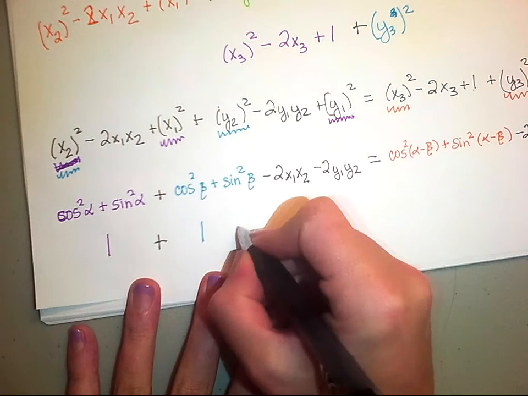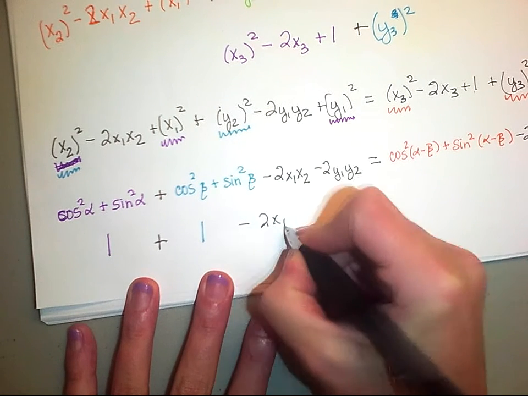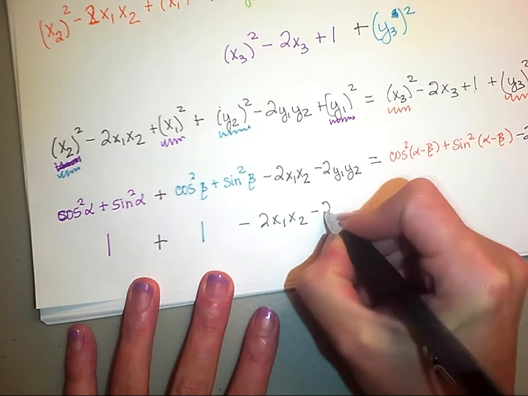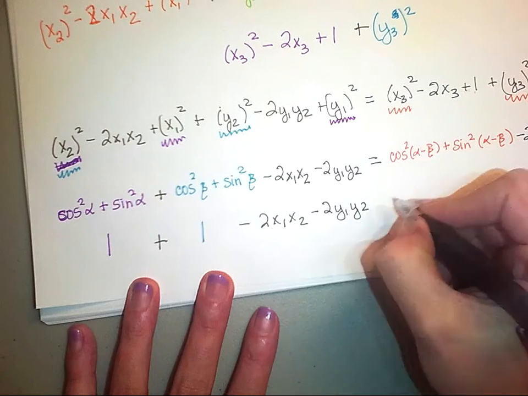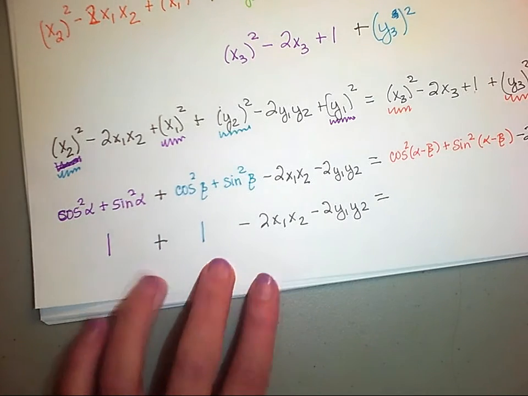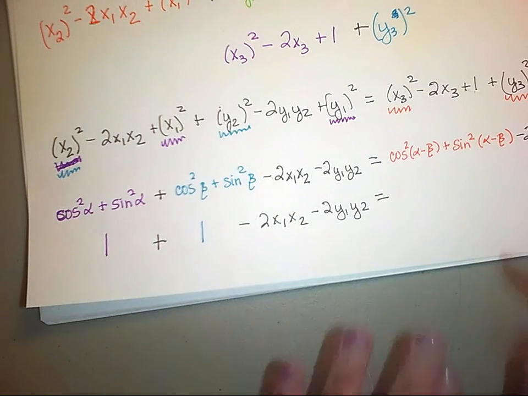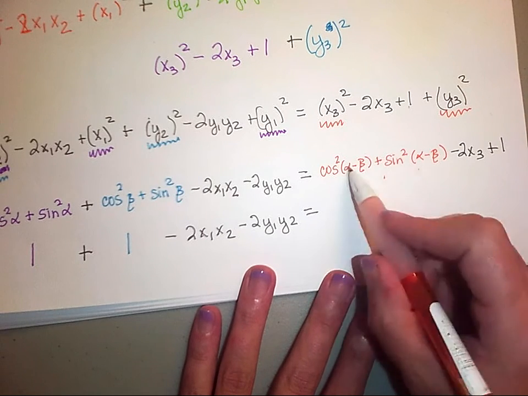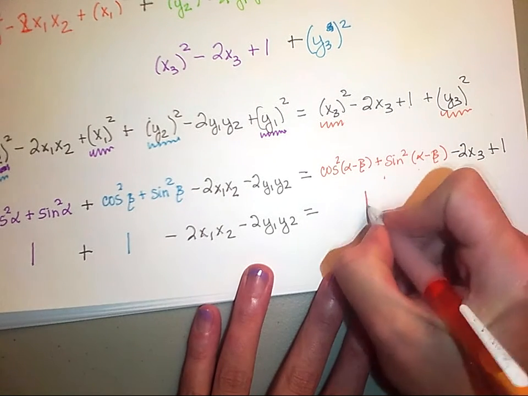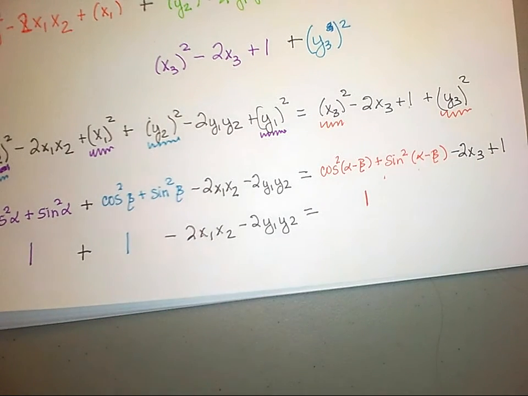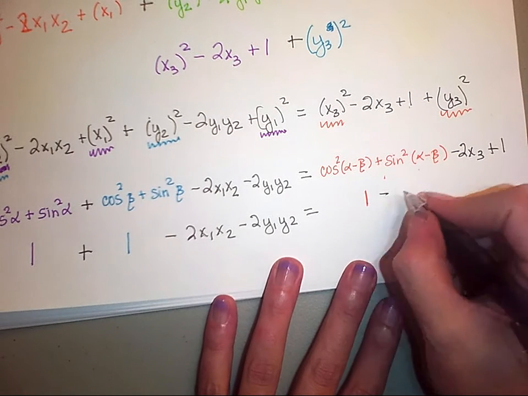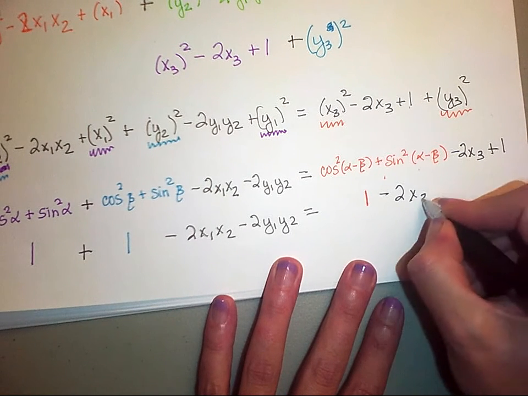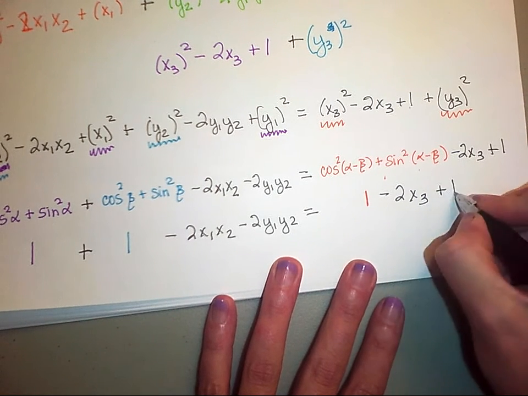And then we'll just copy these: minus 2x1 x2, minus 2y1 y2 is equal to. Now here we have cosine squared plus sine squared of alpha minus beta, so that's the same angle, so that's 1. And then we can subtract 2x3 plus 1.